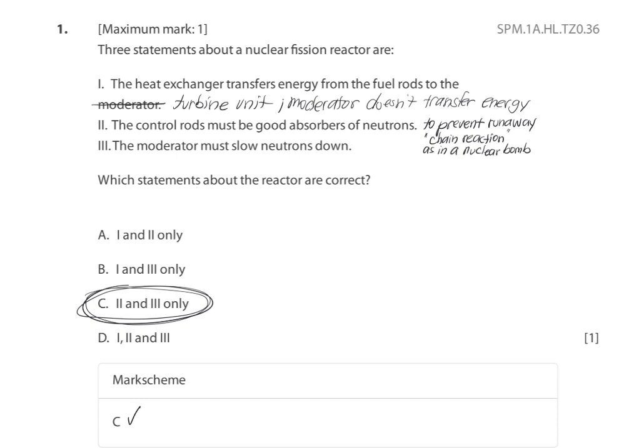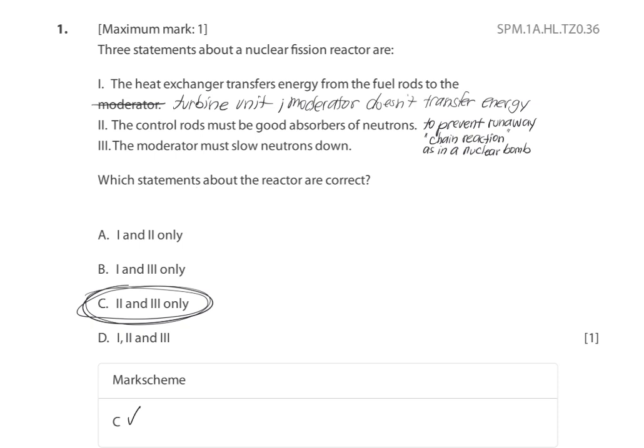So the control rods absorb the extra neutrons, so the process can just percolate along without a chain reaction happening. And in order for the neutrons to create the next reaction, they also need to be slowed down, and so the moderator is in there.